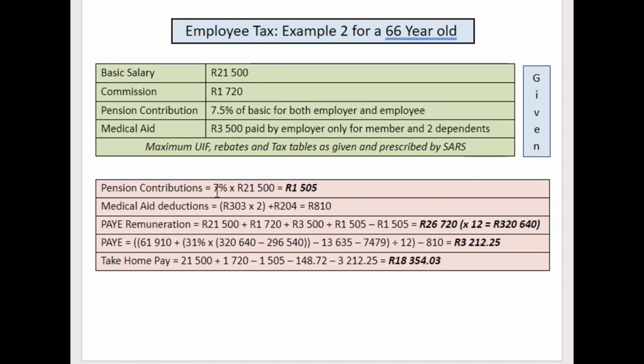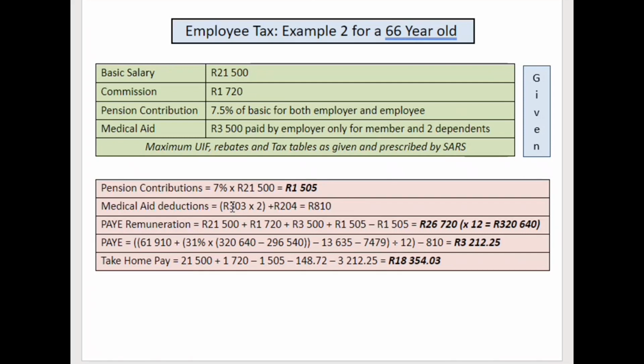Pension contributions calculated at 77% of the basic because that's what was given. The medical aid deductions, now look at this. The medical aid deduction is different in that it is a monthly deduction.